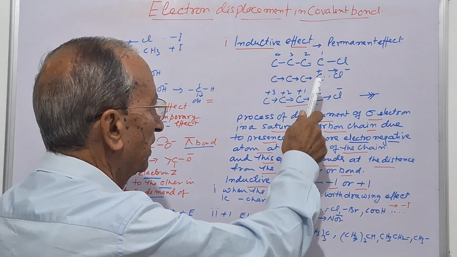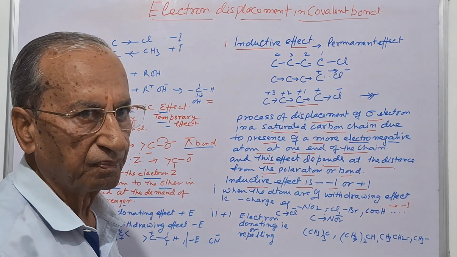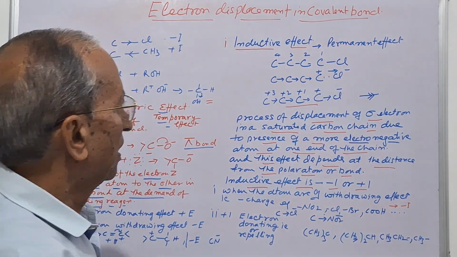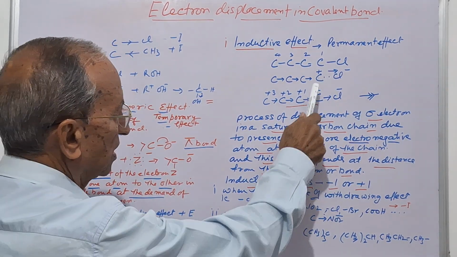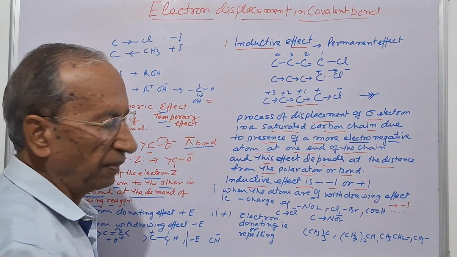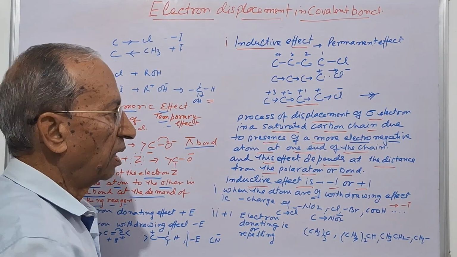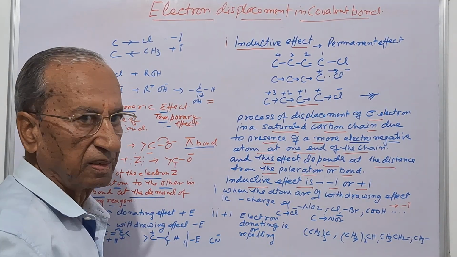What will be the stability of this carbon atom? When this carbon atom becomes positively charged, how will it remain stable?